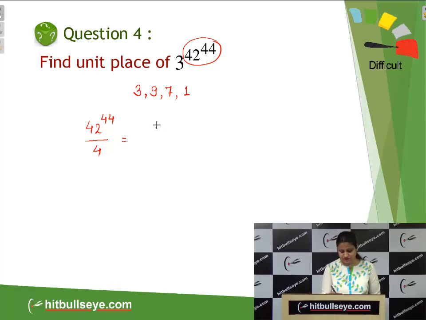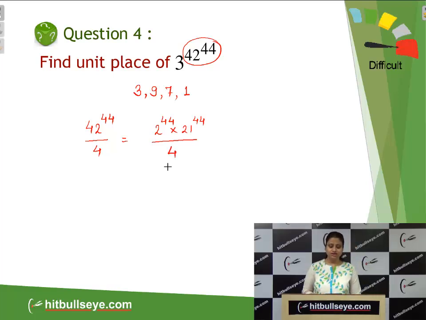Now as you can see, 42 can be written as 2 into 21, so 42 raised to power 44 is 2 raised to power 44 into 21 raised to power 44. And we want to divide it by 4. Since we have 2 raised to power 44 in the numerator, obviously we can take out a 4 from that. So what will be the remainder here? 0, because the numerator is exactly divisible by 4, since 4 is nothing but 2 square.